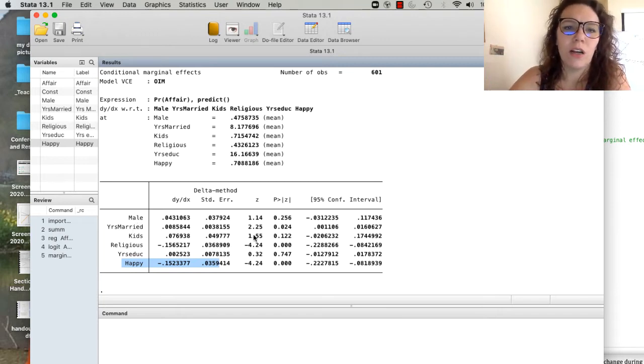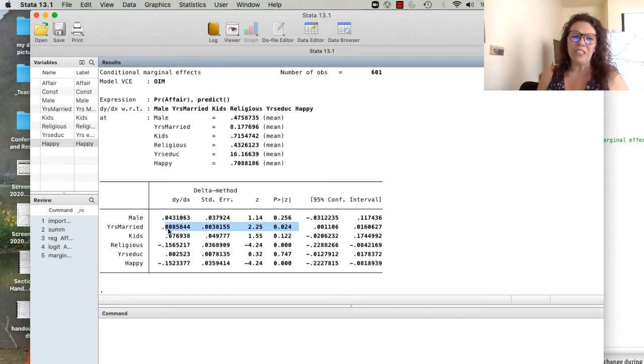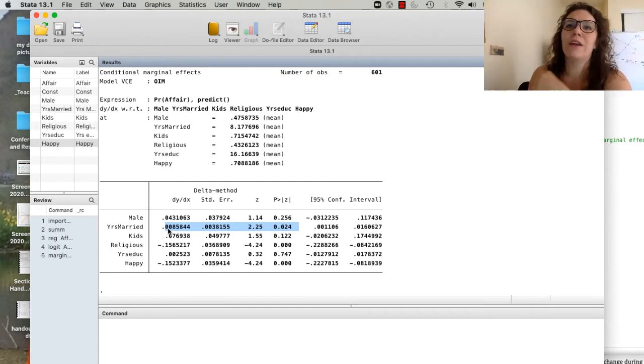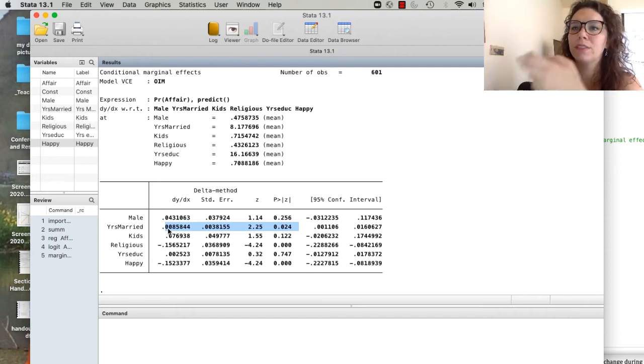We could also talk about years married being somewhat significant, but the marginal effect is really, really low. So here we'd say each additional year of marriage is going to tend to increase the probability of having an affair, but by less than 1%. So it's not a really strong factor. We could say maybe every decade you're married is going to tend to increase the probability of having an affair by 1%.